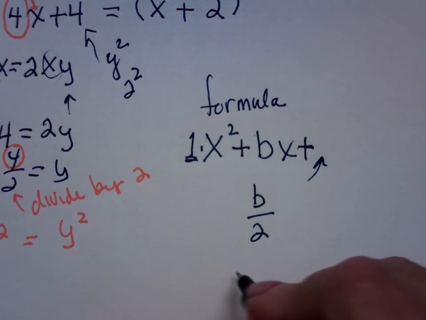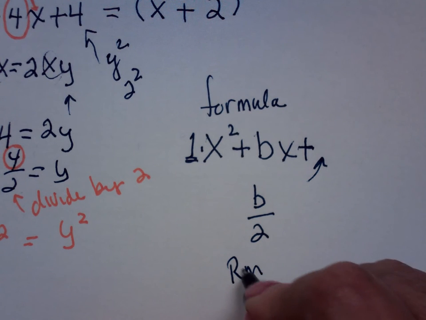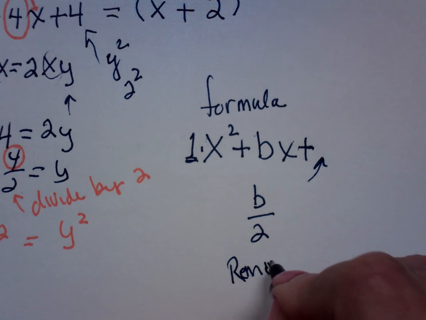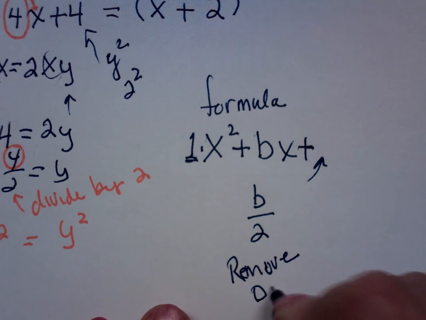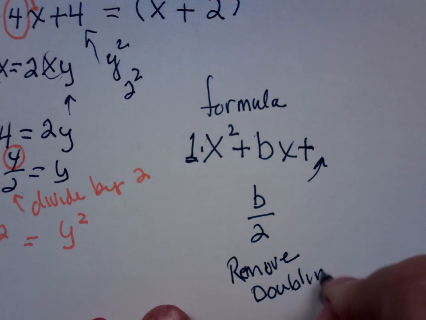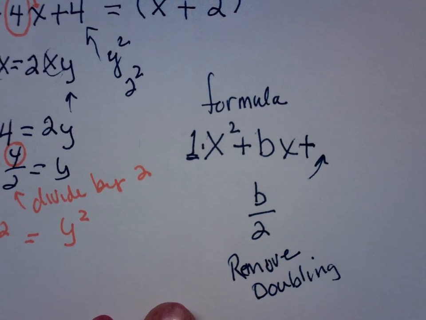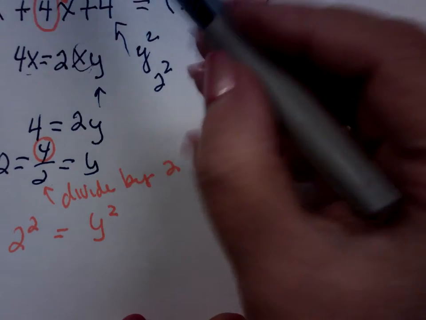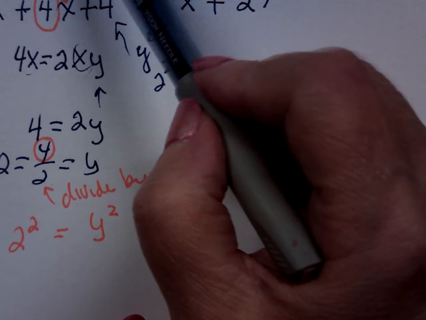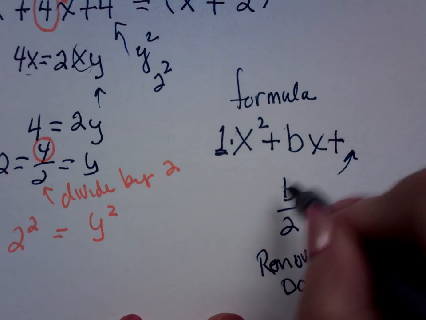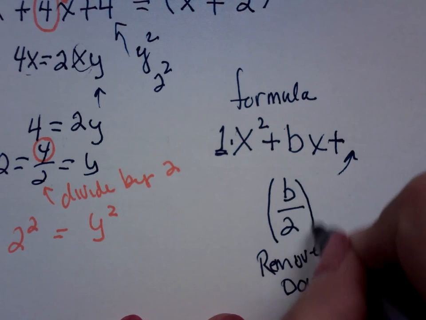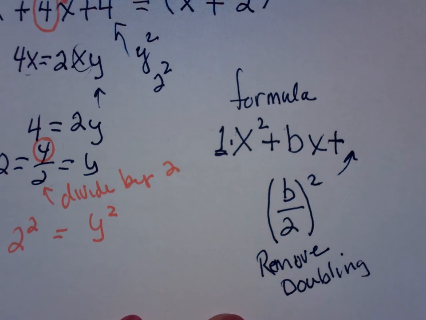Now this is to remove the doubling, because remember that xy happens twice. I got to take it out. And then what goes there is I have to square it.